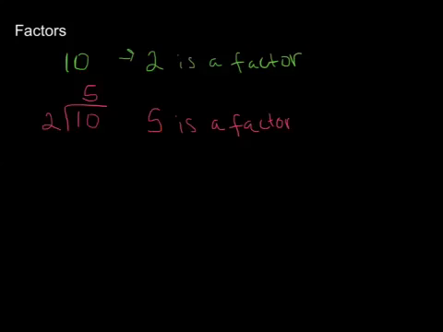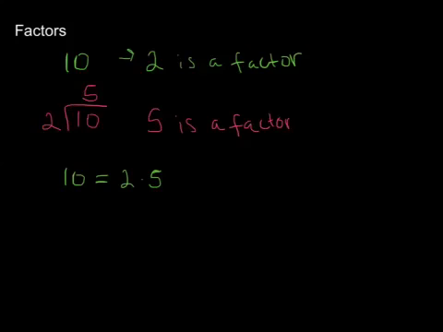Also, let's think about what that means. 10 is equal to 2 times 5, right? When I found these 2 factors, and I found one of them, so I found 5 using 2, that meant that 5 times 2 was going to equal 10, right? That's what division says.